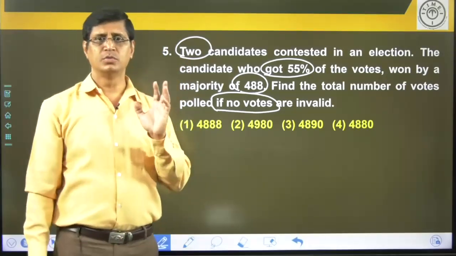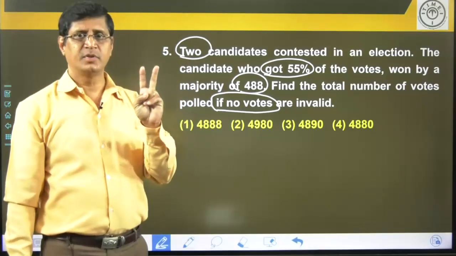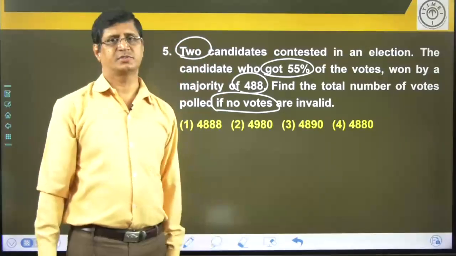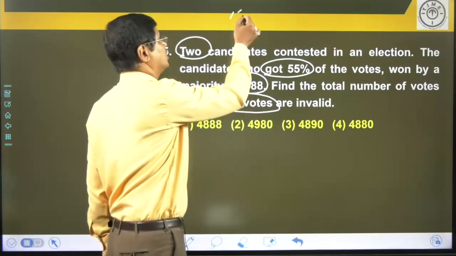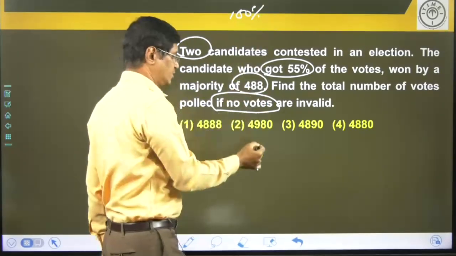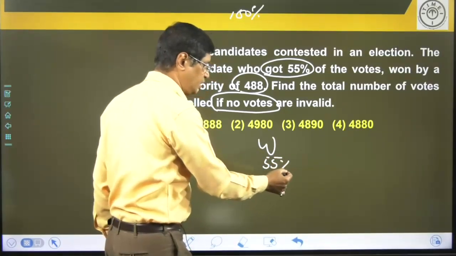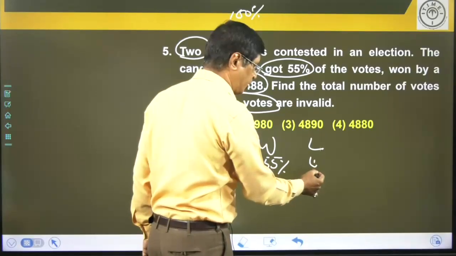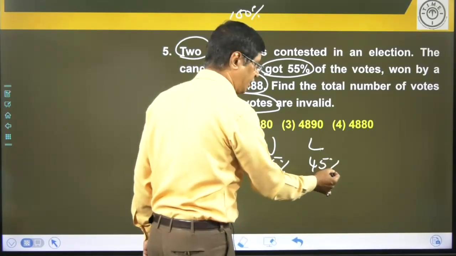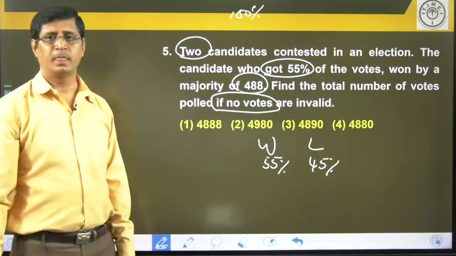Invalid votes అనేవి లేవు. Total 2 contestants are there. The winner got 55%. By taking the total number of votes as 100%, winner got 55% of the votes means loser will get the remaining. What is the remaining? 100 minus 55. That is 45.